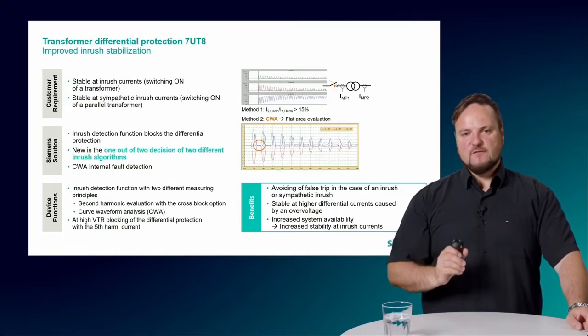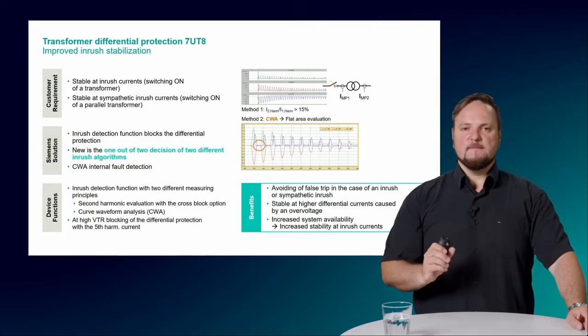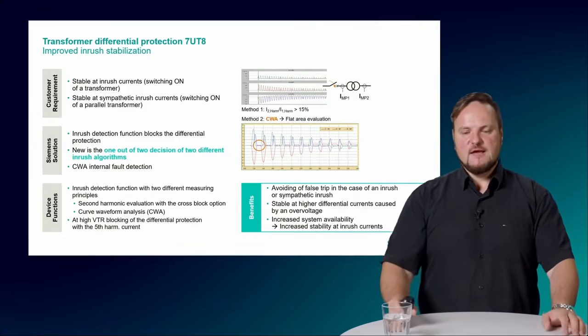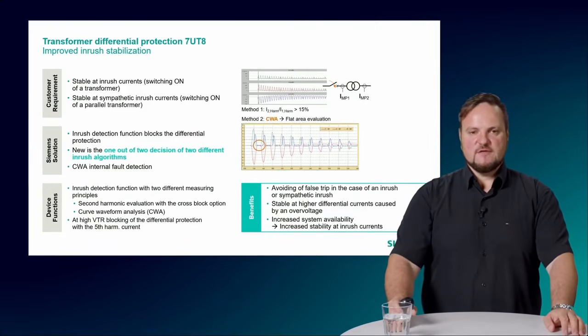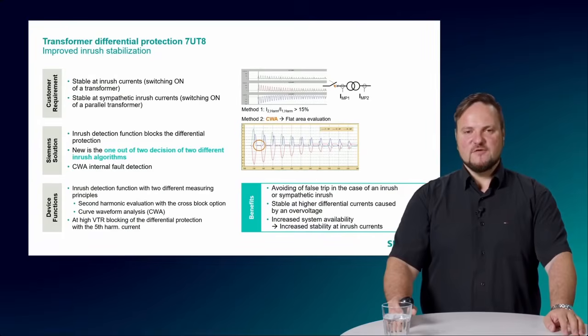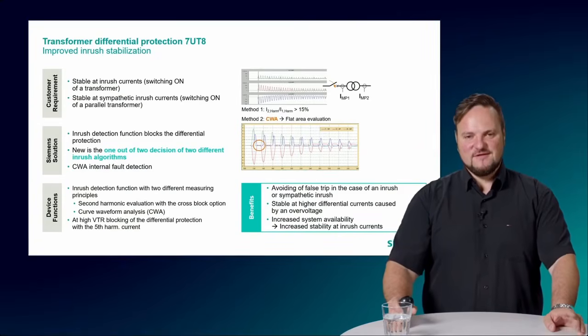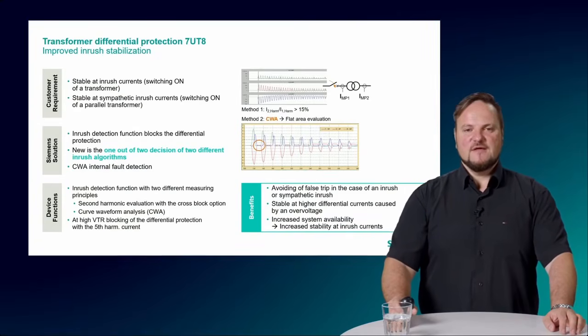But here, of course, when the CWA is enabled and you want to test the second harmonic blocking via this Omicron test module, you will always get a trip. That means the second harmonic blocking is then not working. Why?